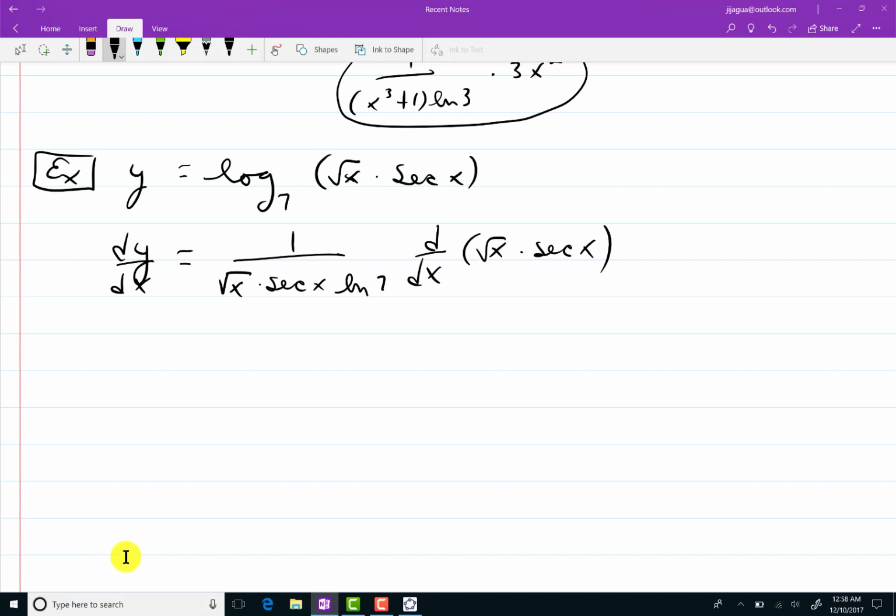I'll use the product rule on that part. That equals 1 over radical x secant of x ln 7, times, according to the product rule, I take the derivative of radical x first.